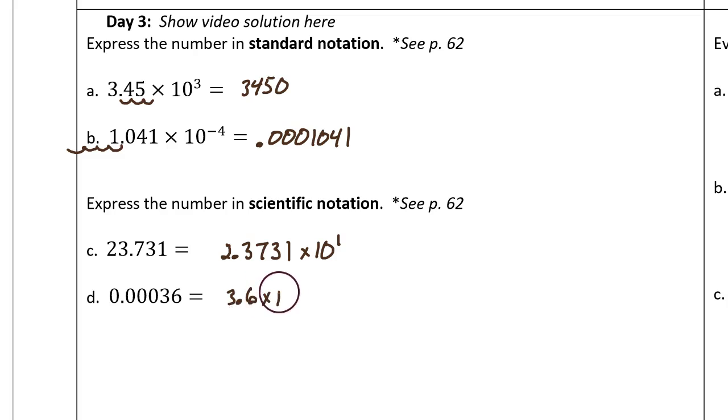Then write times 10. We now have to figure out the exponent on the 10. What would it need to be so that this number that we just wrote down, 3.6, creates that original number? It would need to be a negative number, and the decimal point would need to be 4 positions to the left of where we just put it.